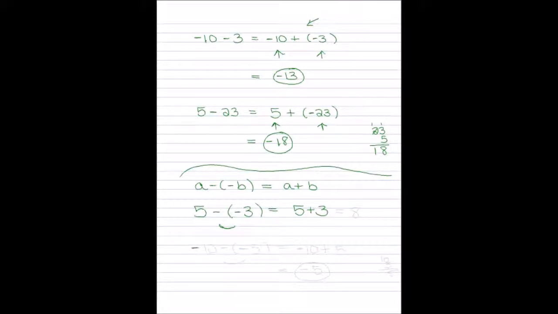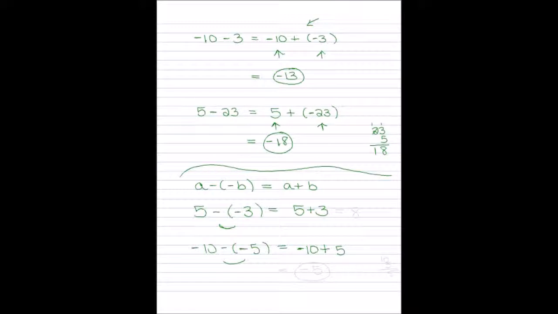Let's say if I had negative 10 minus negative 5. If I change this into an addition problem, the first number stays the same, and then the two negatives in the middle come together and make it positive 5. So notice on this problem, when I change it into an addition problem, the two signs are different.